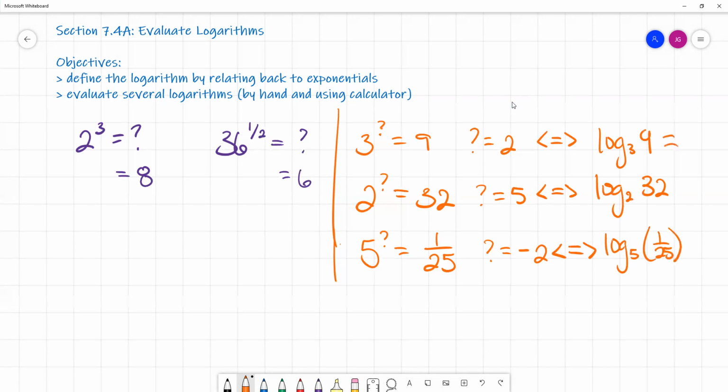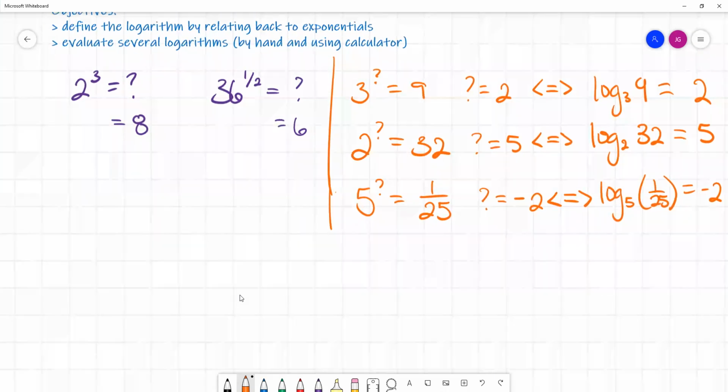You told me this was 2, this was 5, and this was -2. The point of me doing this is to show you logarithms at the heart are really not that bad. We're not doing super complicated math with this stuff. We're just going backwards a little bit. We're changing our line of thinking.